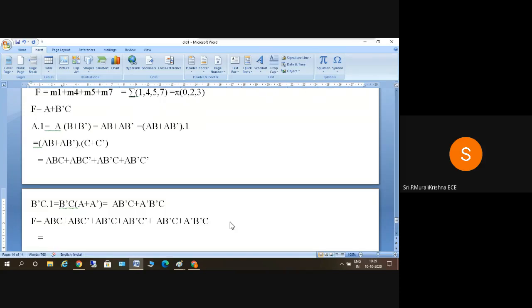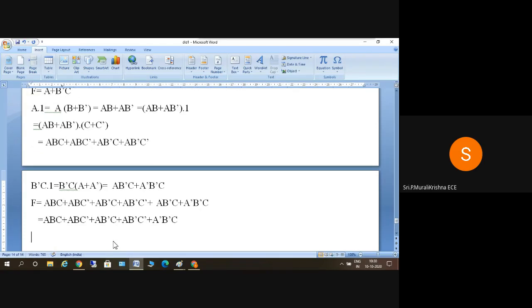So we have ABC plus ABC bar plus AB bar C, which we have two times, so I'll write it as one time, plus AB bar C bar plus A bar B bar C.